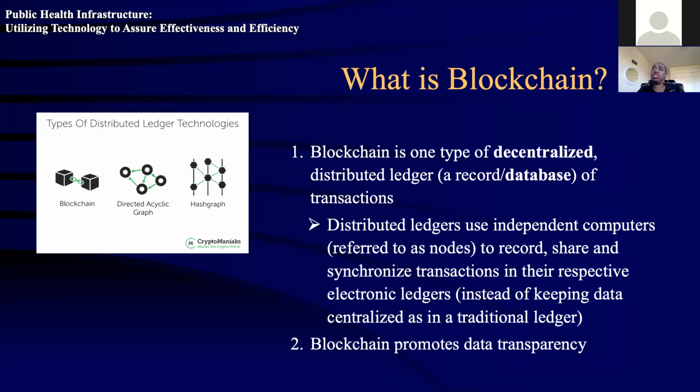Okay, so what is blockchain? It's basically a database, but it's decentralized. Okay, and there are some features and functions of it. And by the way, blockchain is one example of distributed ledger technology. The picture on the left gives examples of two other types of distributed ledger technology. So blockchain is one example of that.